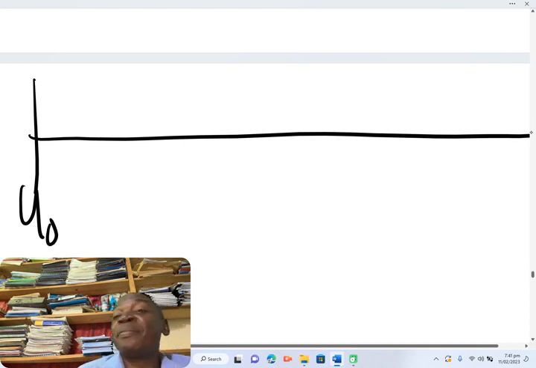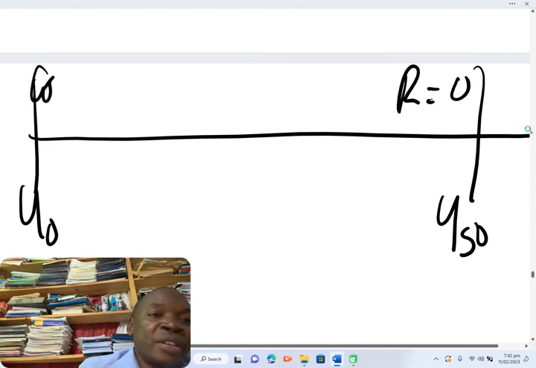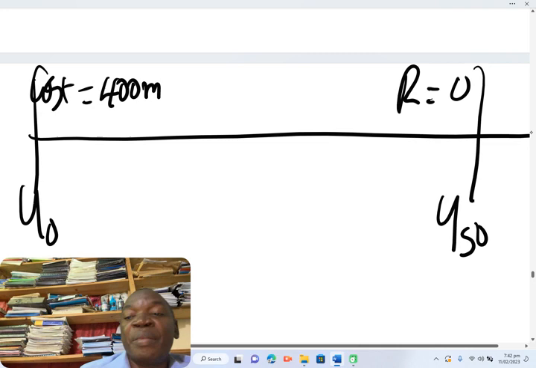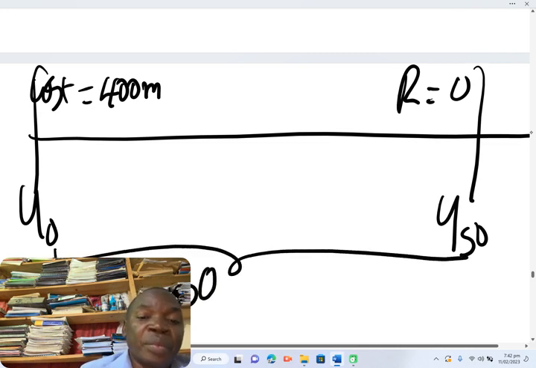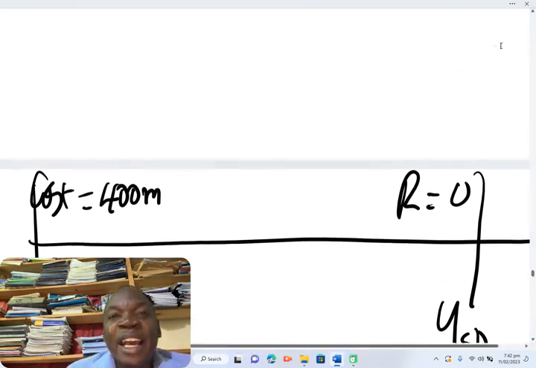Hii factory inatumia straight line method. Kwa year note and after year 50 residual value is equal to 0, na cost kiasi gani? 400 million. Kwa hiyo tuna 50 years.